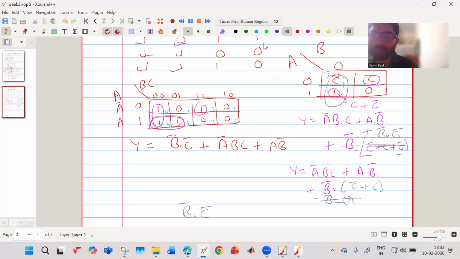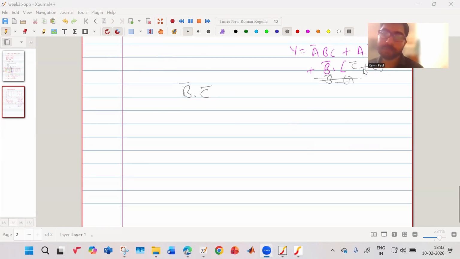So shall I proceed or do you want me to further discuss this? You can go with it. Okay, so this is with the extended variable map.